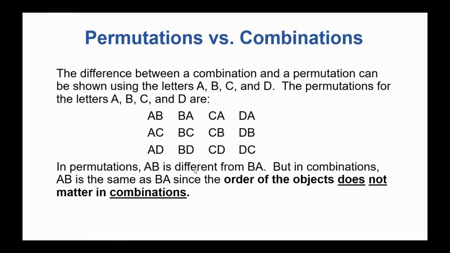If we did a permutation using the letters A, B, C, and D, then we would have AB, AC, AD, BA, BC, BD, and so on. In permutations, AB is different than BA. But in combinations, they're the same, since order does not matter.